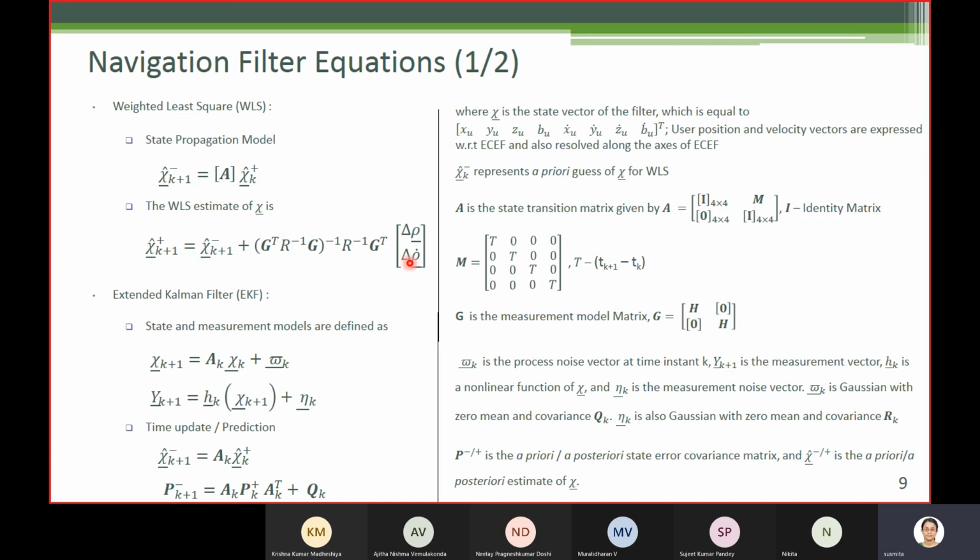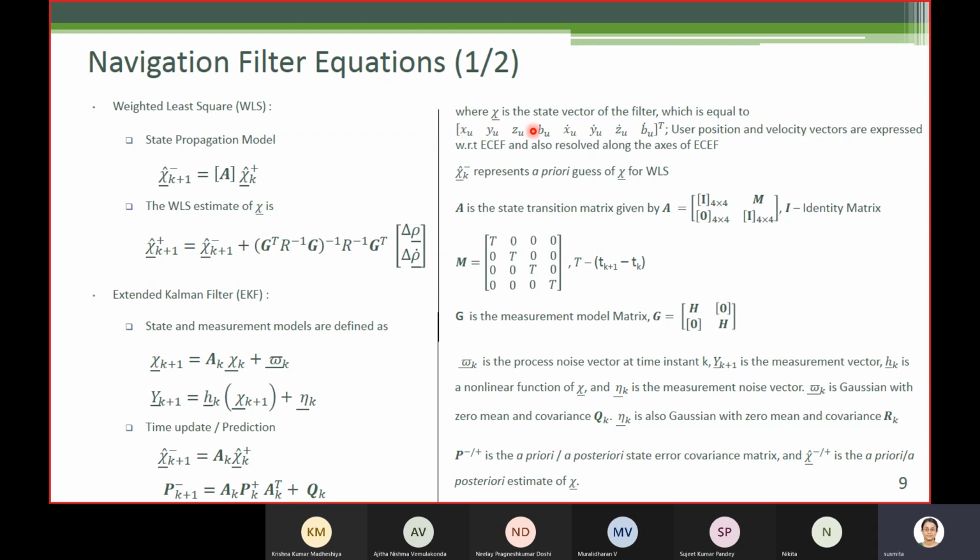So since we have all the models, we can implement the filter with some initial guess. We have to start the filter. Now, in case of GNSS, we can actually start with a zero guess. So we can assume 0, 0, 0, all 0.